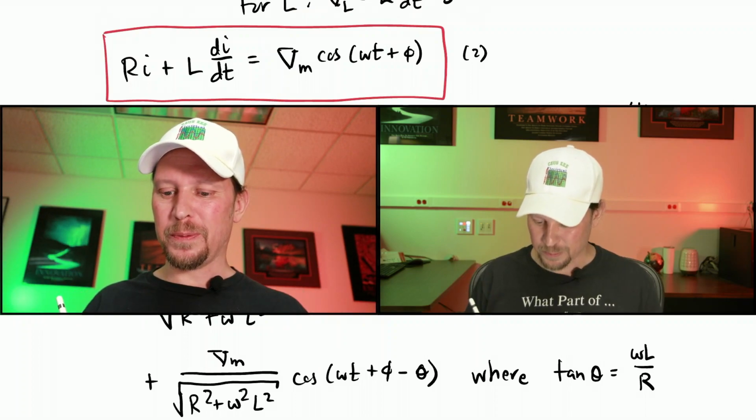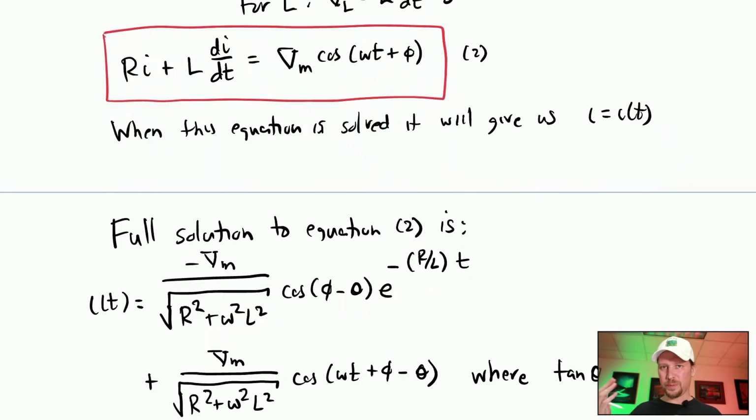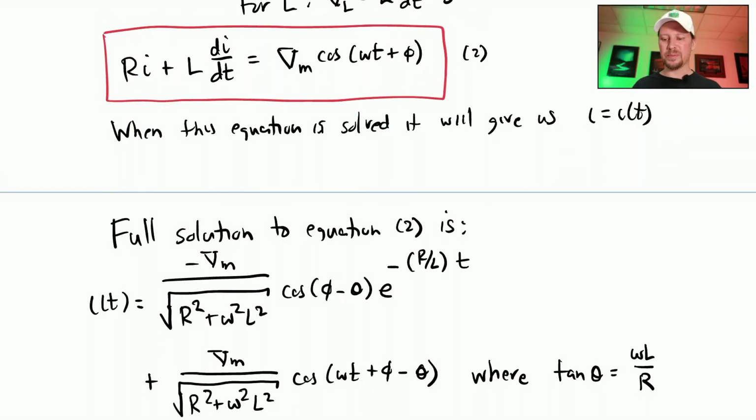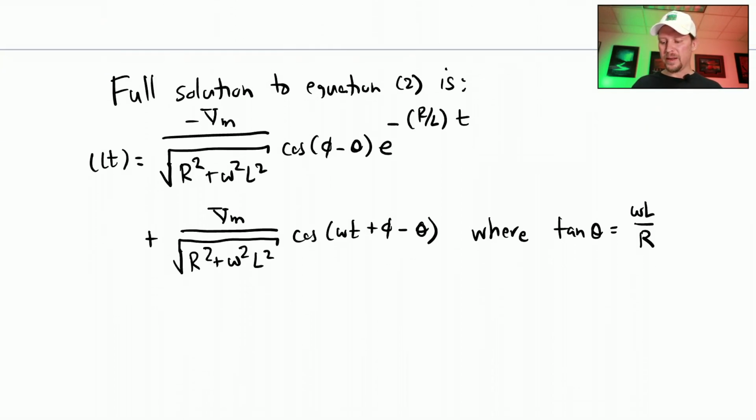All of the terms will completely drop out, and what's going to pop out on the right-hand side is Vm times cosine of omega t plus phi. Keep in mind that the theta will be related to the angular frequency of the sinusoidal source, the inductance, and the resistance, through that given relationship as well.